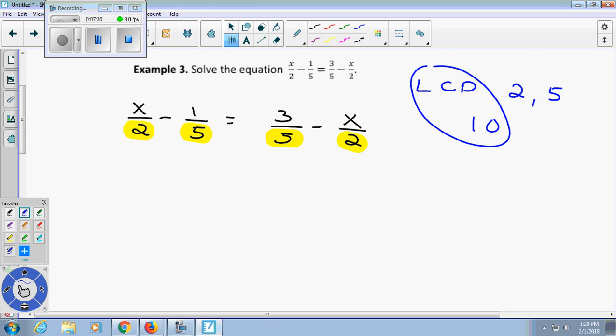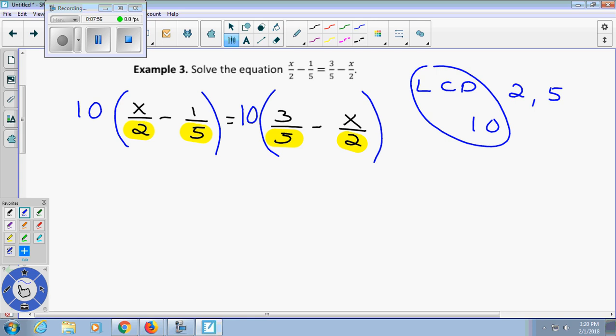So as my first step, I'm going to do the same thing to both sides of my equation. So I need parentheses here. And that same thing is to multiply both sides by 10, the least common denominator. So this brand new equation still is equal because all I did was multiply the entire left side and right side by 10.